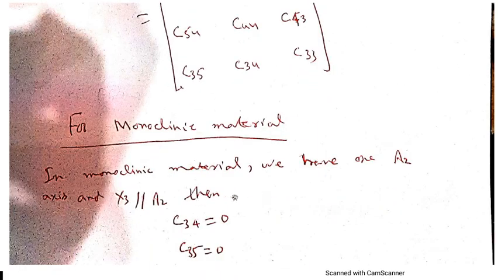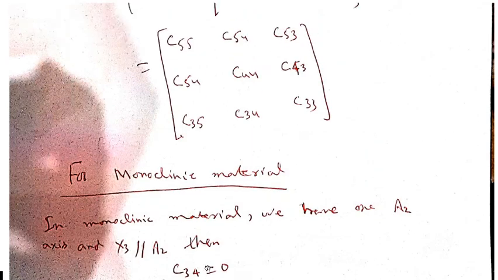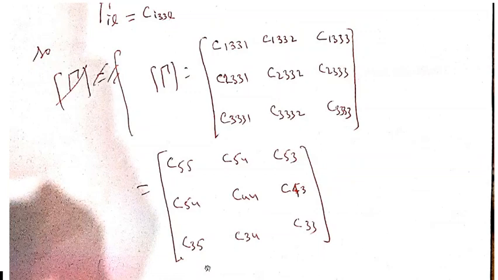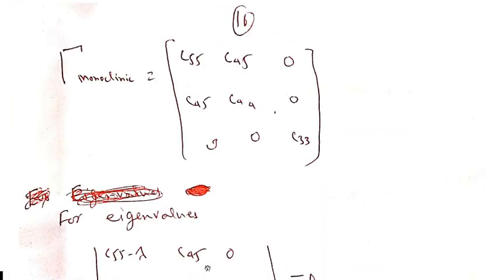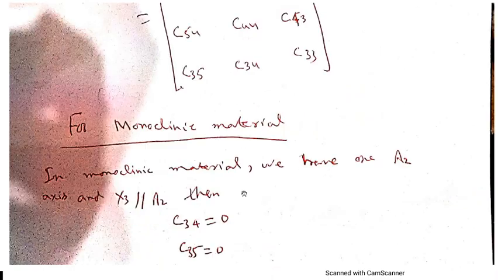For monoclinic material, this x3 axis is the symmetry axis of the material. So we have made a link of the propagation vector n with the symmetry axis, which is x3 here. So when we have this, C34 and C35 are 0. We replace C35 and C34 with 0 here.